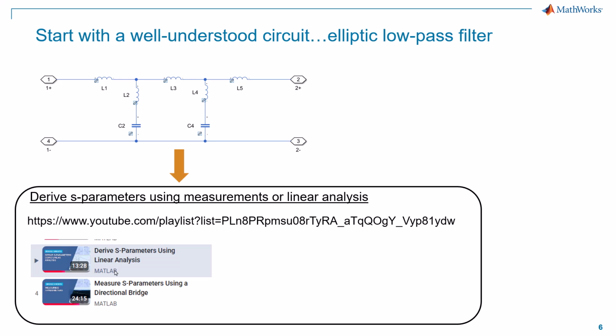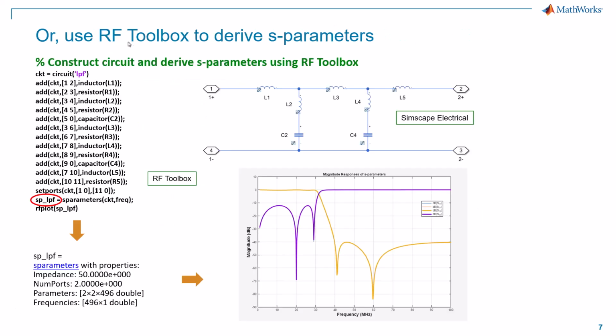Now what I'm going to show today is yet a third technique, and that third technique involves using RF Toolbox to describe the circuit. First, I'm going to describe this LC filter using text, using MATLAB functions from the RF Toolbox, where I add the circuit components, I describe the ports, and then I extract the S-parameters from said circuit object into the variable SP_LPF, S-parameters low-pass filter.